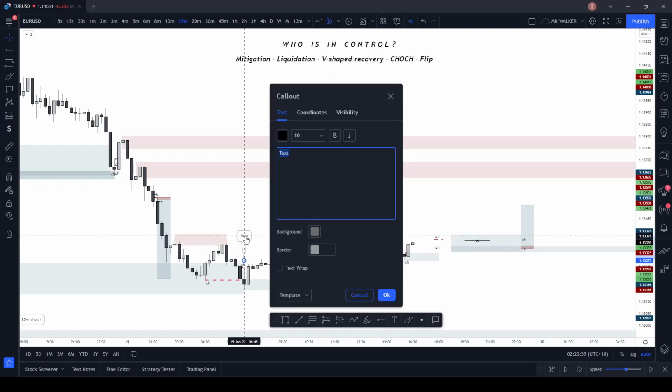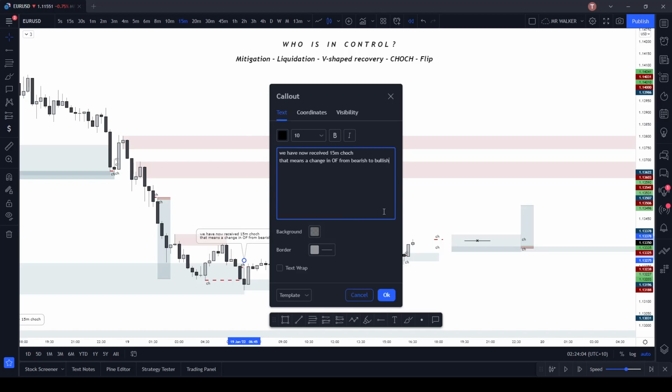But we write the same thing. We have now received 15-minute chalk, right? That means a change in order flow from bearish to bullish, right?